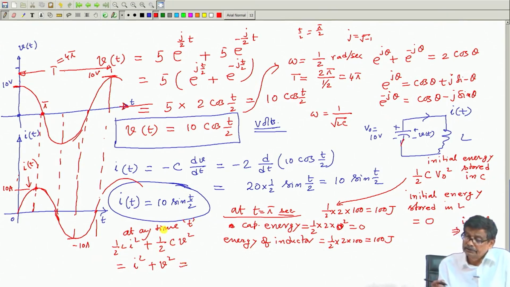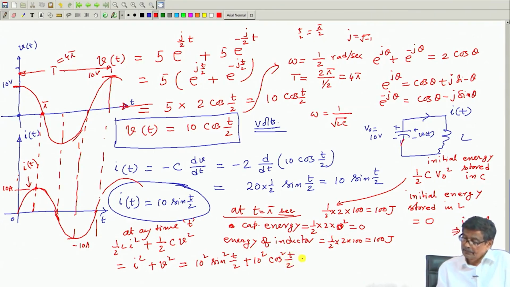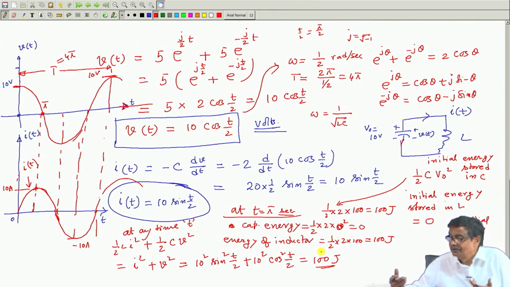What is I square? I square is 10 square sin square t by 2 plus 10 square cosine square t by 2, and that will always be equal to 100 joule. You started with 100 joule, and no one is there to dissipate that energy.